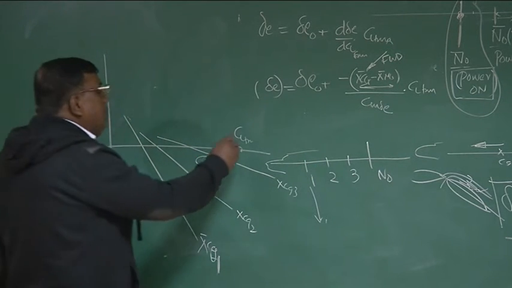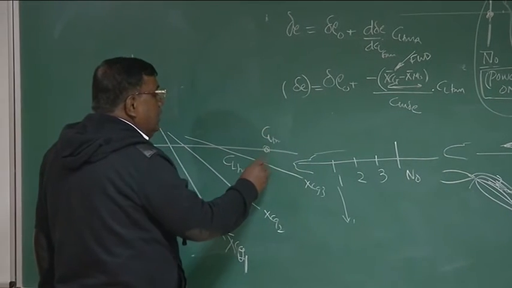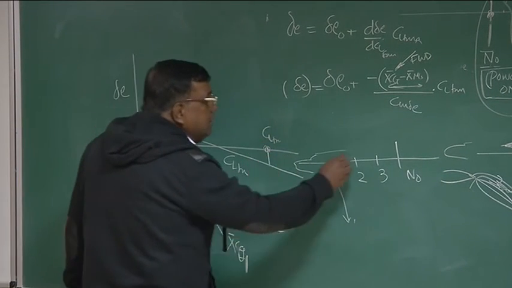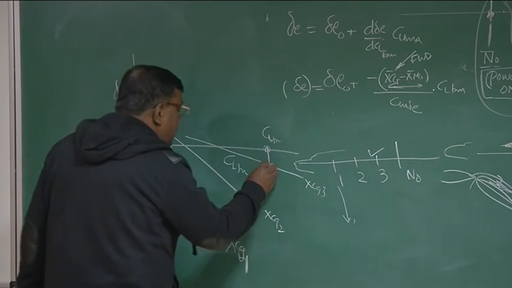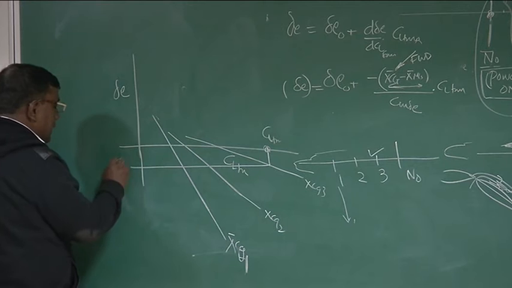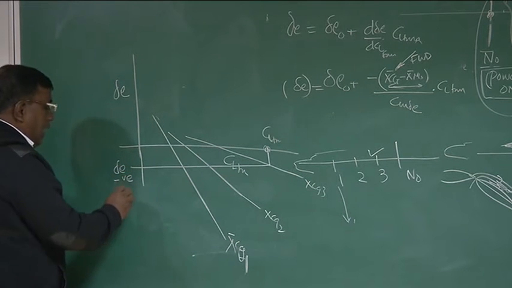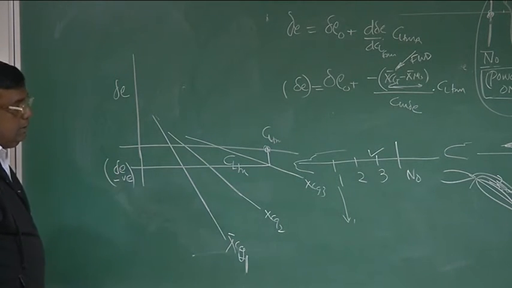So now if I want to trim an aircraft for a particular CL trim, you see, if I am using these 3 locations, where the static margin is least, I need only this much of delta E negative, that is delta E up. Okay?